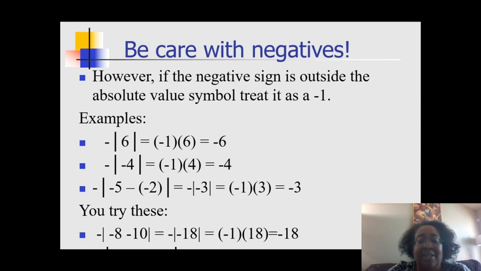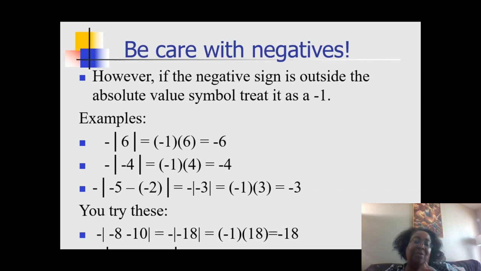So because that's a -10 inside of that absolute value, I know that -10 is 10 spaces from 0. So the negative on the outside is going to be represented by -1. And then on the inside here, I've got a +10 because that's how many spaces from 0 -10 is. And then when I multiply the two together, I get -10.